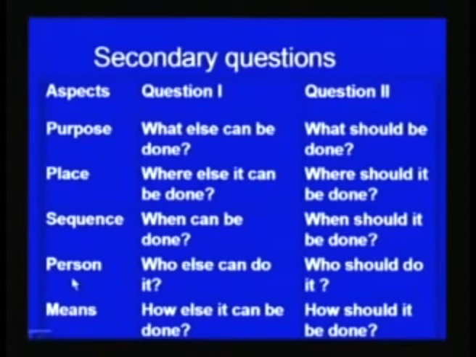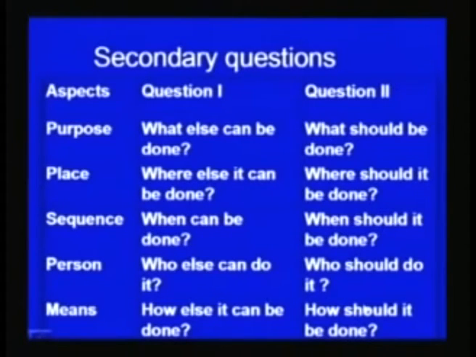Regarding the person: who else can do it, is it possible to replace him by someone else, or who should do it, is fixing of that person with certain given characteristics that should be used for the analysis. And the means: how else can it be done, what are the other techniques and systems which can be used to do the same job, and which should actually be used for better results.